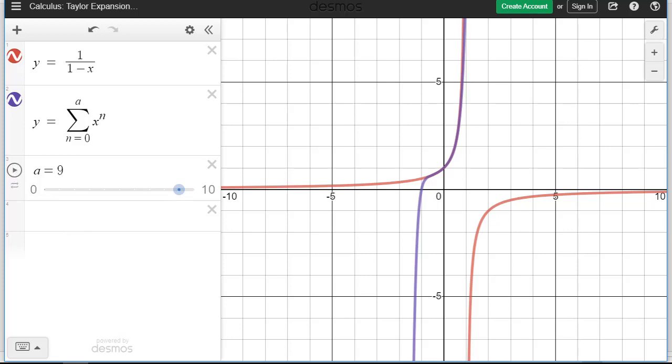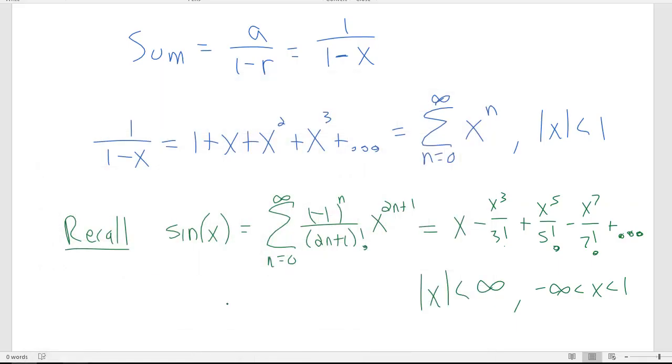All right, now notice something else different from the sine series. With the sine series, we said our power series, our infinite sum, equaled sine x for all reals. This geometric series, 1 over 1 minus x, has a power series representation, and it's only valid between -1 to 1.